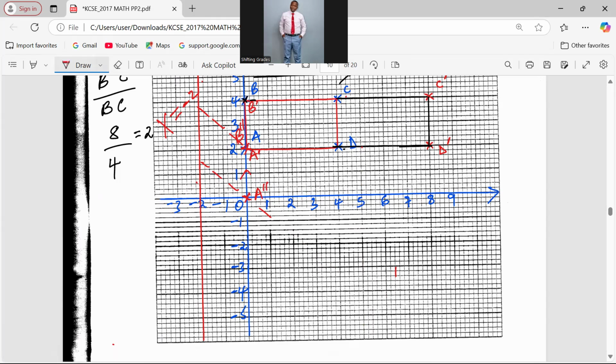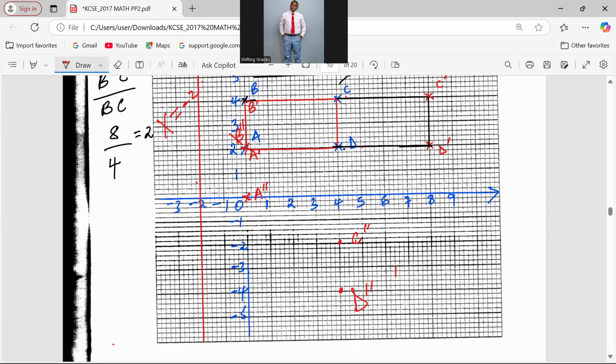Because area is invariant, C and D are moving down along the same line. So D will be coming here and C up here. Yeah, C up there.